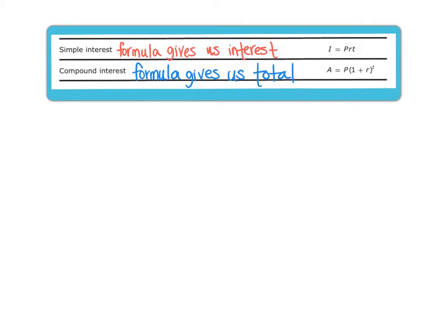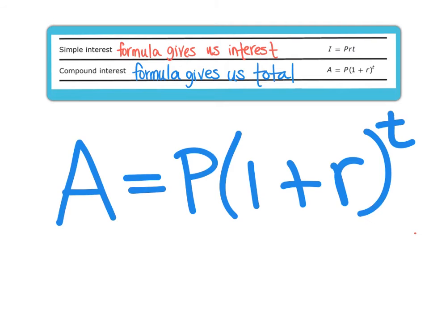Now, something I want you to notice about the compound interest formula is it has actually the same variables as our simple interest formula. So once again, the reason that there's an A here is because this formula is going to tell us the total amount of money that is in the account. Our P still stands for principal.